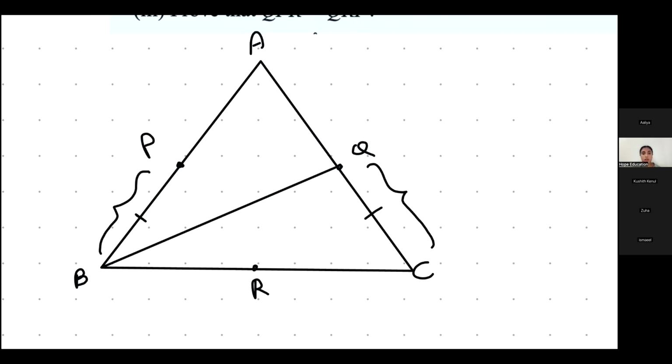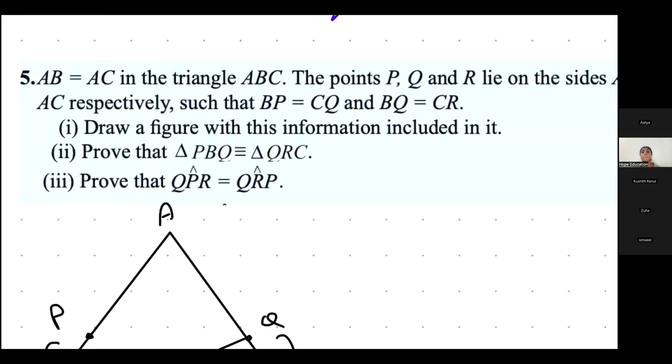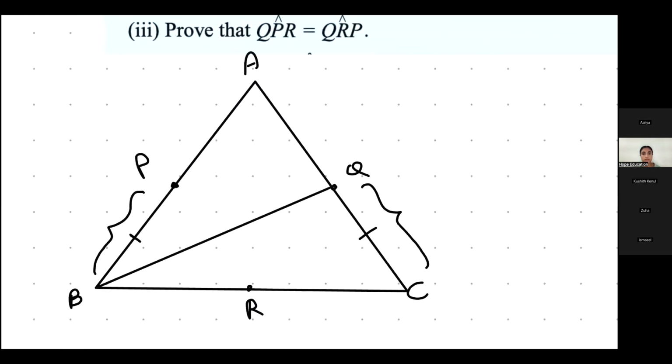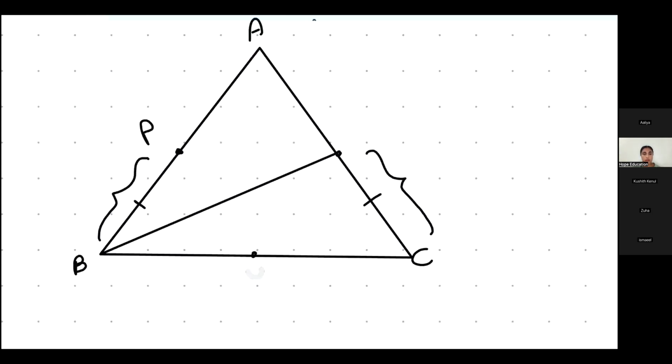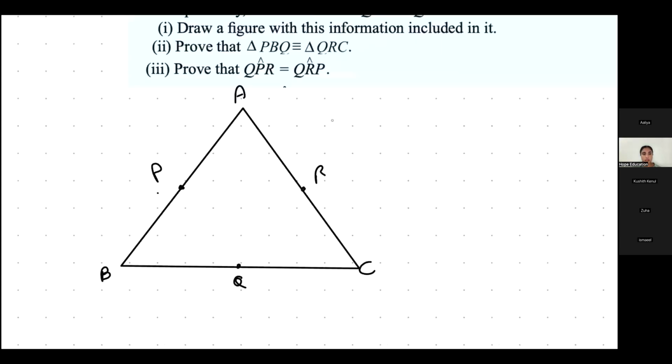Yes, Q is supposed to be on BC, correct. So this is actually Q and this is R, so that changes everything else. So what they're saying as equal are in fact, again, BP and CQ. BP is here, CQ is here.